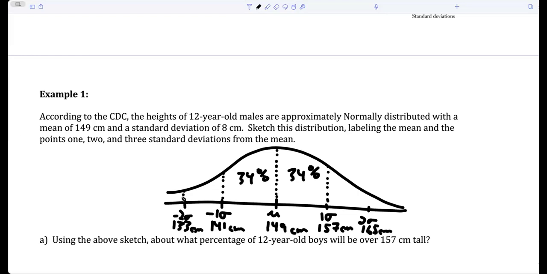And 95% is within 2 standard deviations of the mean. And so I have 68% within 1. So that leaves what? 27. 95 minus 68 is 27. And again, since it's symmetrical, that means I've got 13.5% here and 13.5% here.